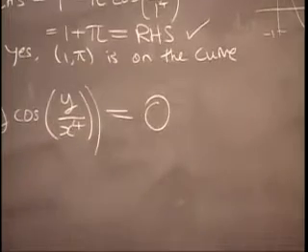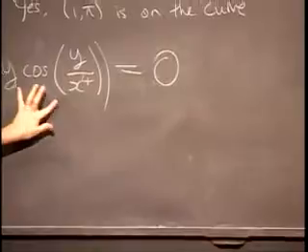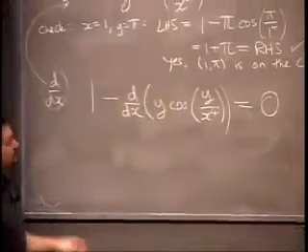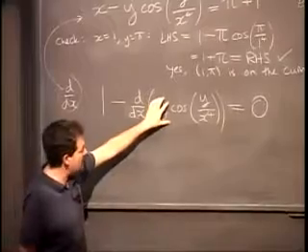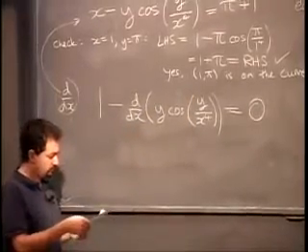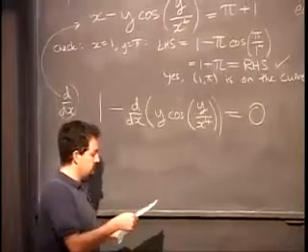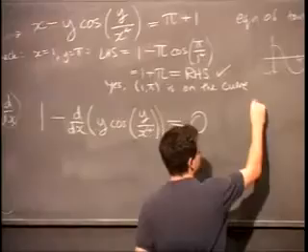So, we need to do quite a lot of work on this quantity. So, what is this quantity? This, first and foremost, is a product. It's a product of y, and cosine(y over x to the fourth). I've got to take quite a lot of working here.